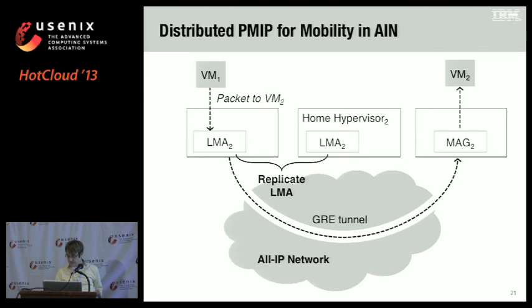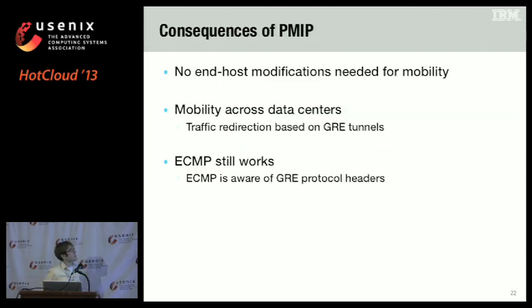And so, okay, what does this give us? Using proxy mobile IP for mobility in the data center network, this allows us no end host modifications needed for mobility. It's possible that this can even apply to mobility across data centers, as long as you can establish a GRE tunnel. That's all that really needs.